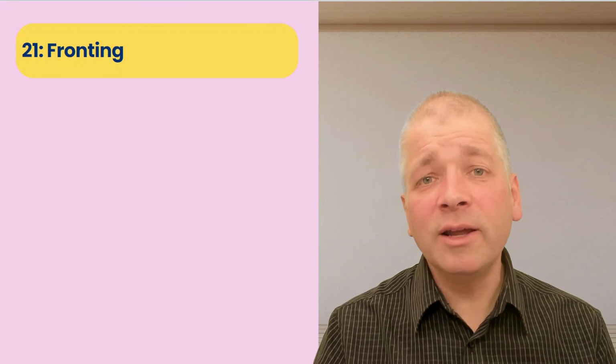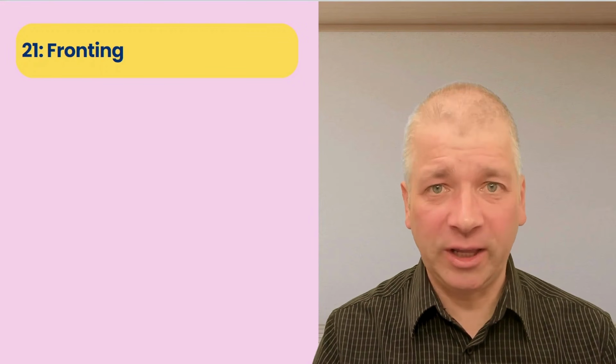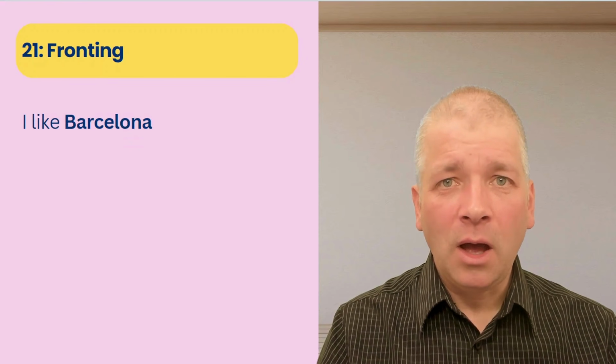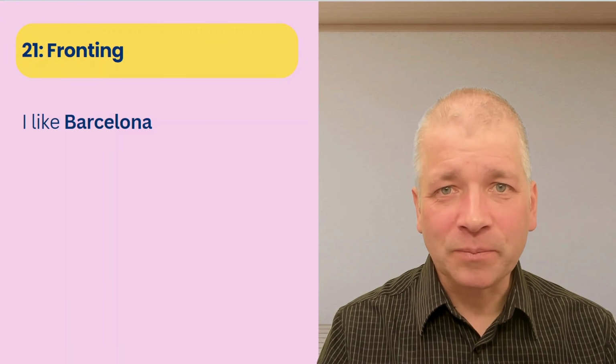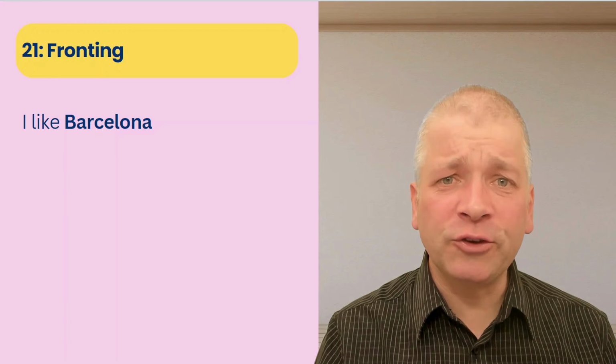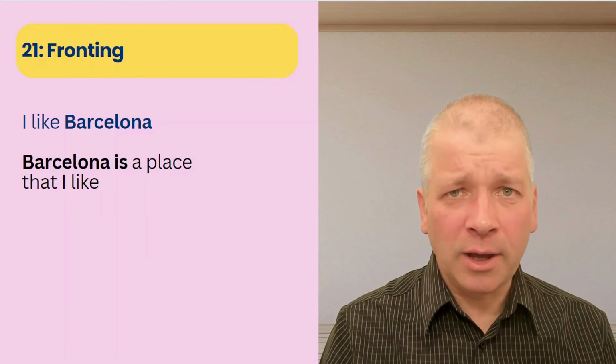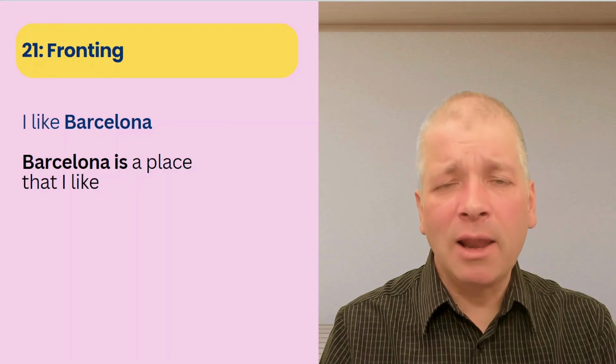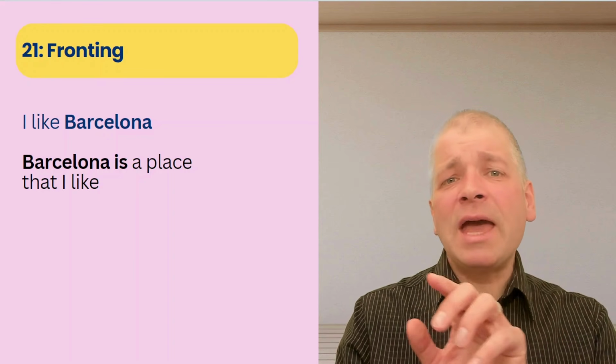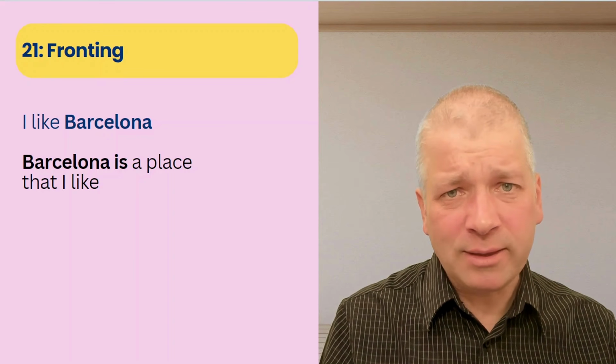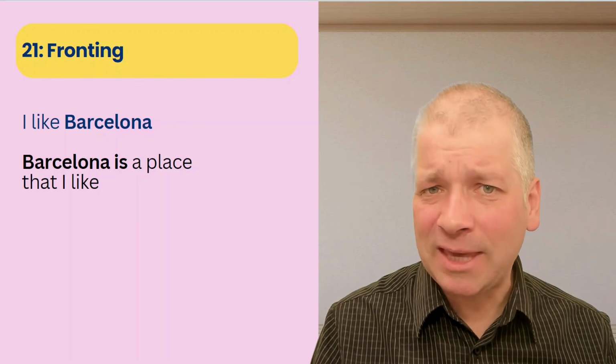Number 21 is something called fronting. I like Barcelona. This is no different to saying Barcelona is a place that I like. But there is a difference in meaning created by putting Barcelona at the beginning.